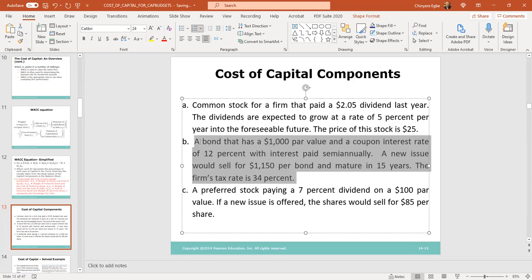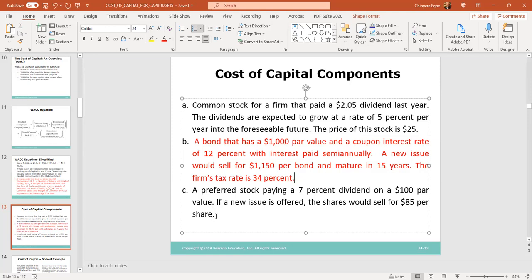And then here is a firm that has debt in its capital structure. Some of the business is financed with borrowed money, with bonds. The bond has a par value of $1,000, on a 12% interest rate, but a new issue will be selling for $1,150. So the current value of that bond is $1,150, maturing in 15 years, and the tax rate is 34%.